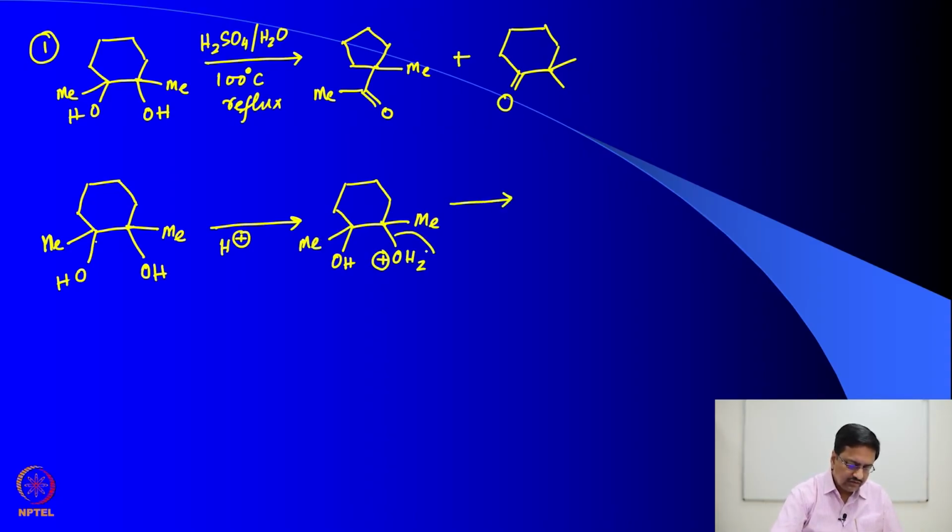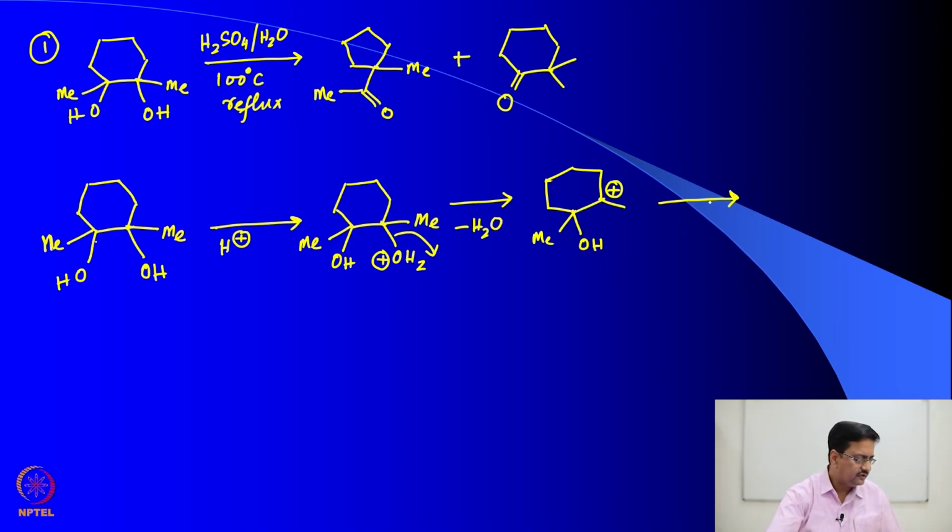Then when the loss of water takes place, it forms a cyclic carbocation at this point. Now, there are two possibilities.